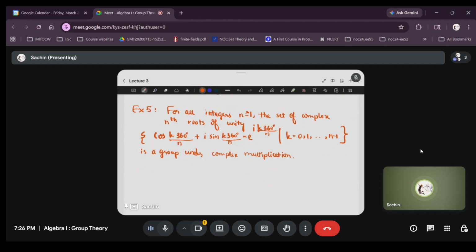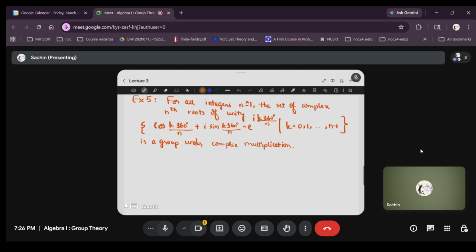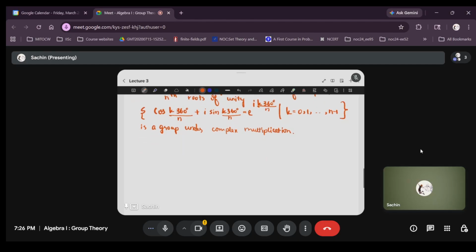Is this all right? Yeah. So in the complex plane, the roots of unity are all on the unit circle.